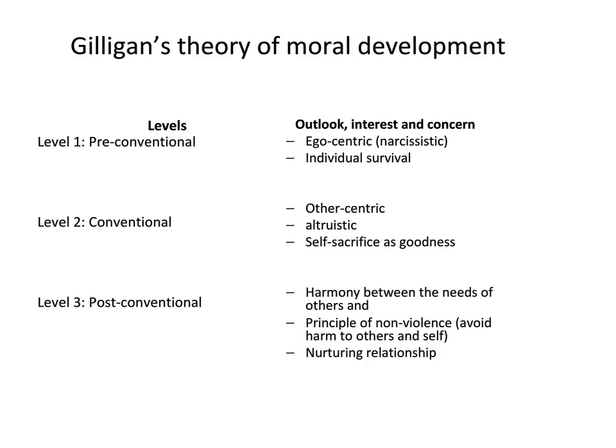In the second level, the conventional level, there's a shift from being just concerned with myself to being concerned with other people. But here the emphasis between her and Kohlberg starts to shift, because she's saying this concern for the other is not about the fairness of rules so much as concern for the other person's well-being.